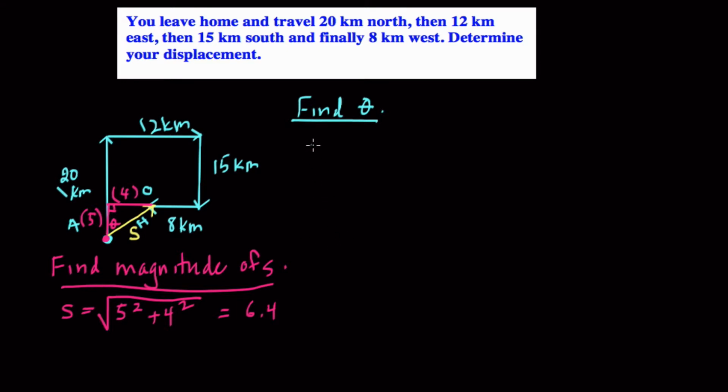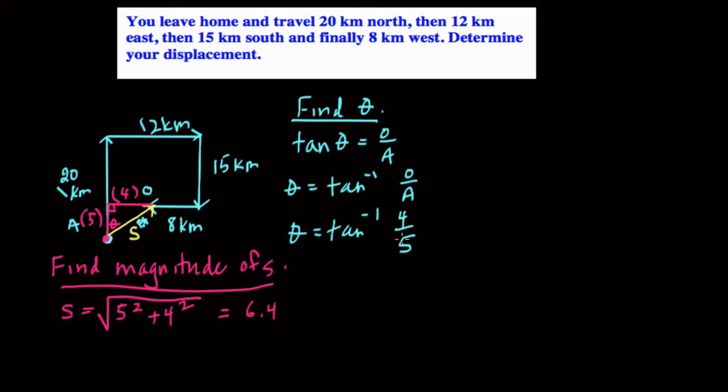So once again, you're using the tangent function. We're not going to use the hypotenuse because we calculated it and we know the 4 and 5 are right. So tangent theta is opposite over adjacent. I don't want to know the tangent of theta, I want to know theta. Theta is going to be the inverse tangent of opposite over adjacent. The opposite is 4 and adjacent is 5. And so for this, I would get 39 degrees.